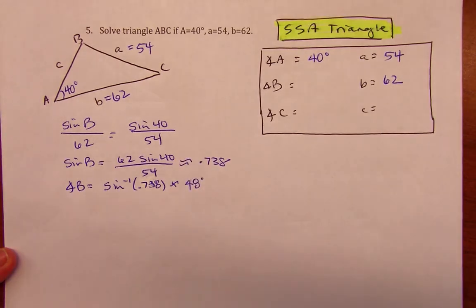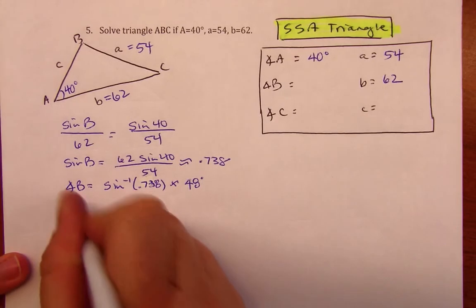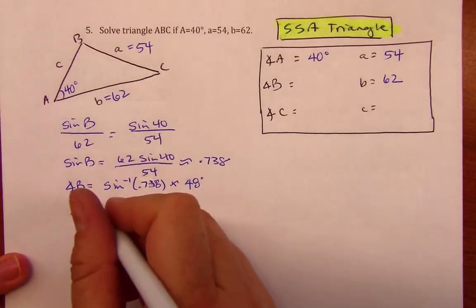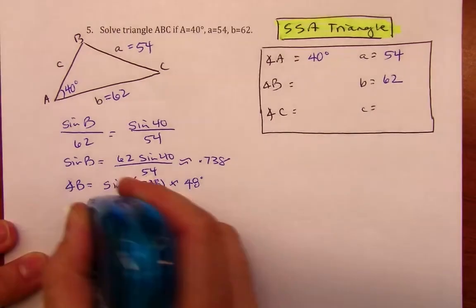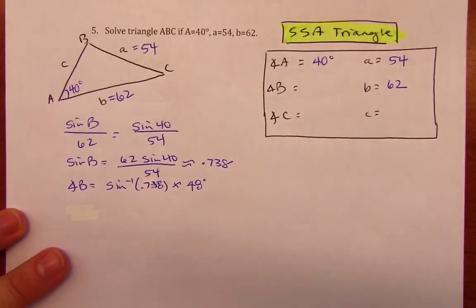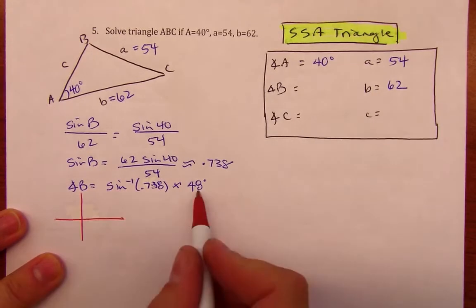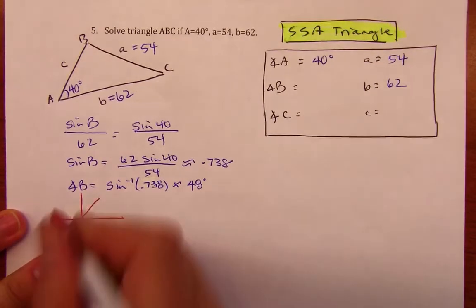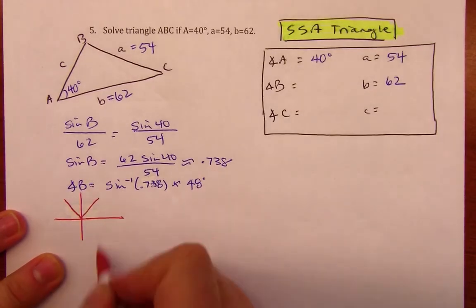Okay? Now, we need to check and see if two triangles exist. Before we do that, we need to check and see if there's another triangle that would give us the same thing. So remember, if I have 48 degrees, there's another angle over here that could give me the same 0.738 when I take the sine of it.